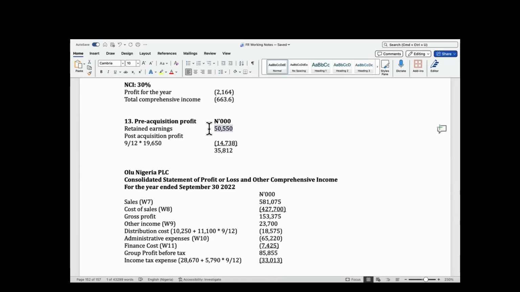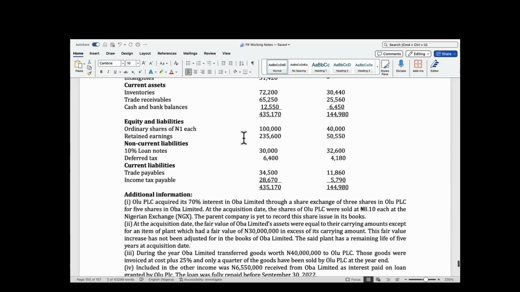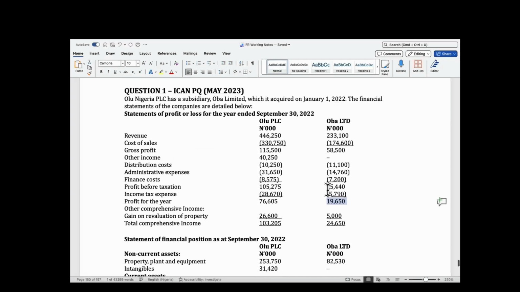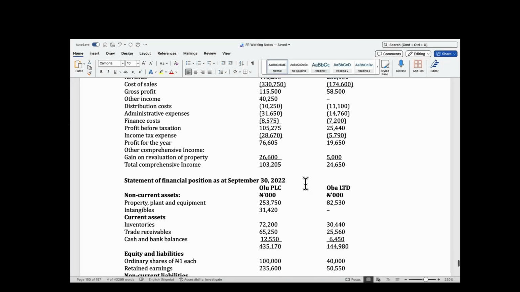Then I removed the profit for the year for 9 months, which is 9/12 times 19,650. So 9/12 of this gives me the 9-month profit. So that takes me back to the retained earnings as at the beginning of the year, as at January, which is the pre-acquisition retained earnings.